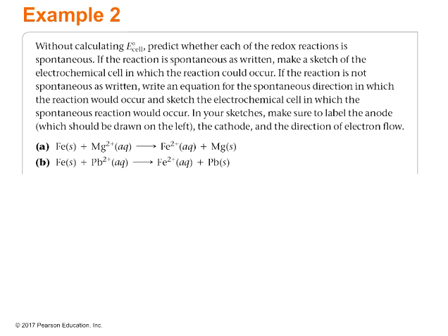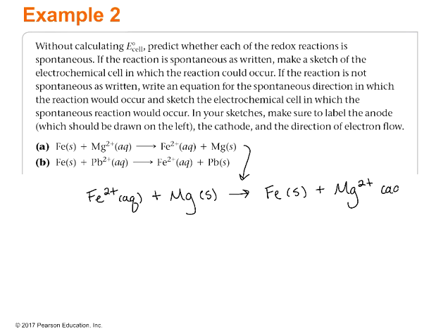Okay, so let's rewrite that in the spontaneous direction. So really what's going to happen is the ion for iron is going to react with pure magnesium to produce pure iron and magnesium ions.